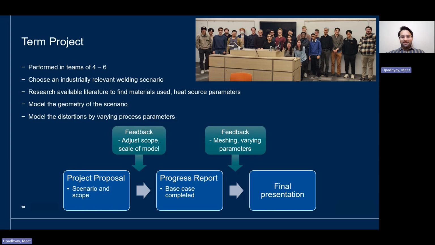Then they talk about their progress through the middle of the term, where we again provide feedback on their meshing and what kind of parameters they can vary, and then there's a final presentation at the end of the term as well.